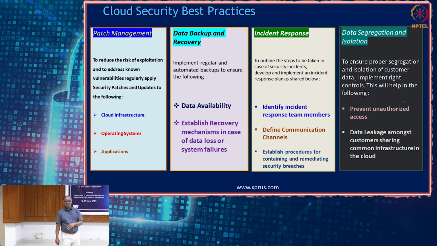Recovery time objective is how soon can I recover the data? I have the data in my backups, but how long will it take for me to restore the data and bring up my applications? So, RTO and RPO. You have to define what your data availability requirements are and establish recovery requirements. This is what I said: if I lose the data in one region, there is a server crash, data is not available.